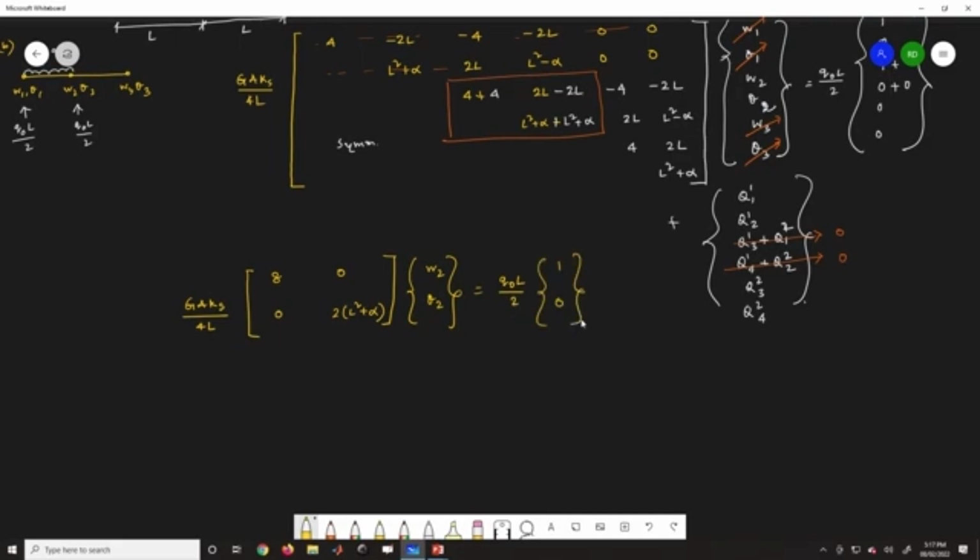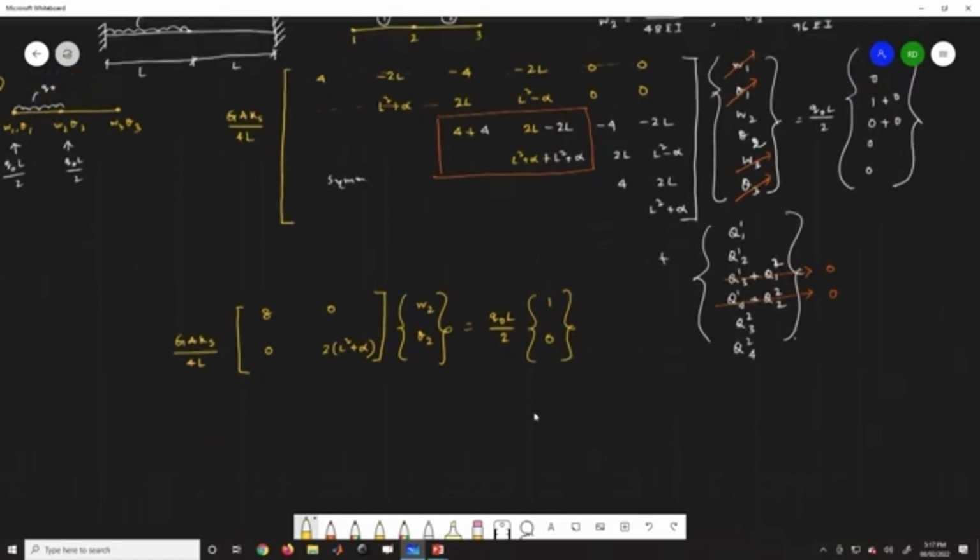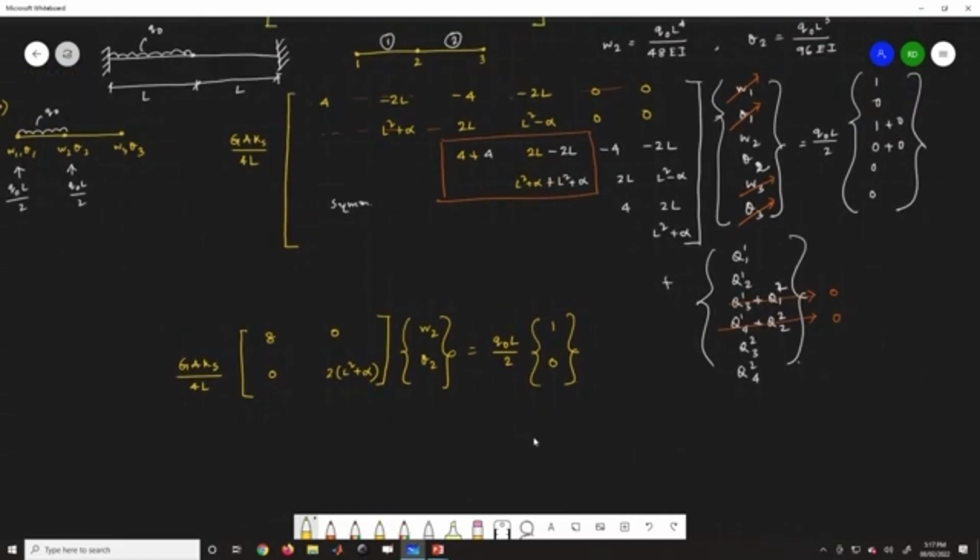So, now if you look at these two equations and solve them, then you will get the W2 and theta 2 from Timoshenko beam theory.